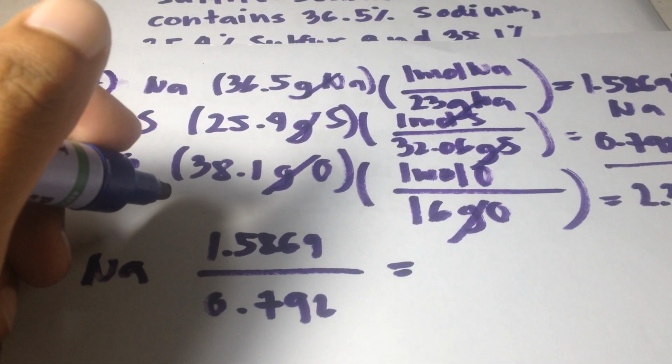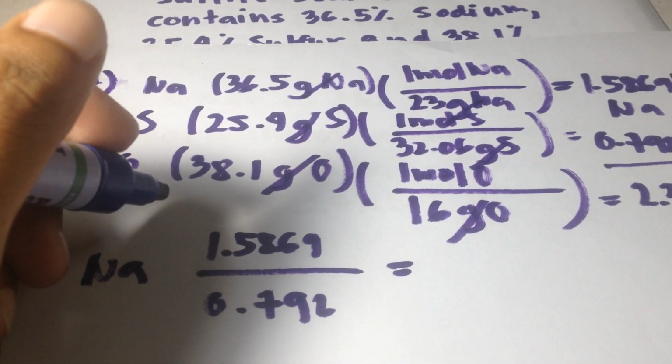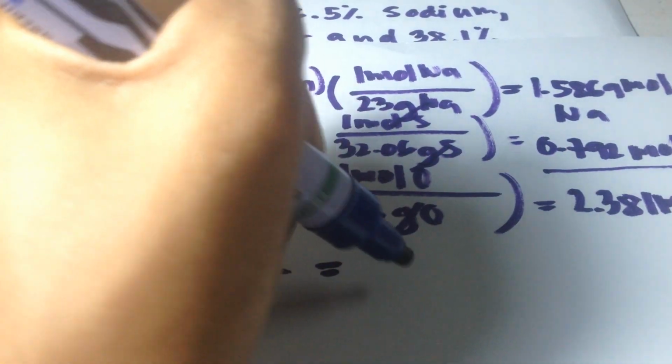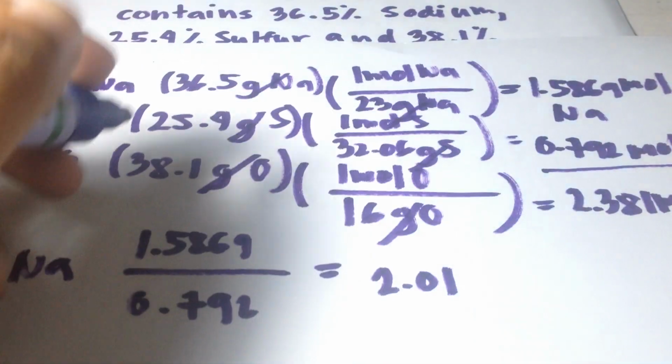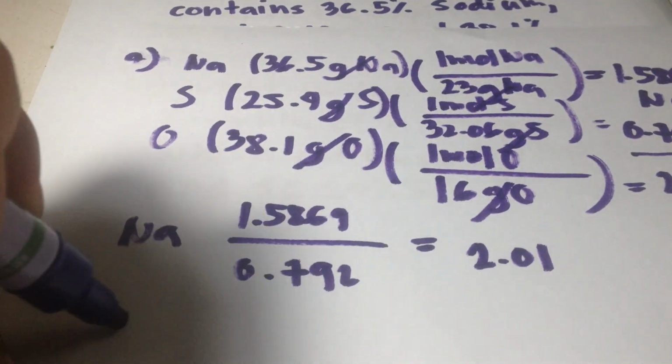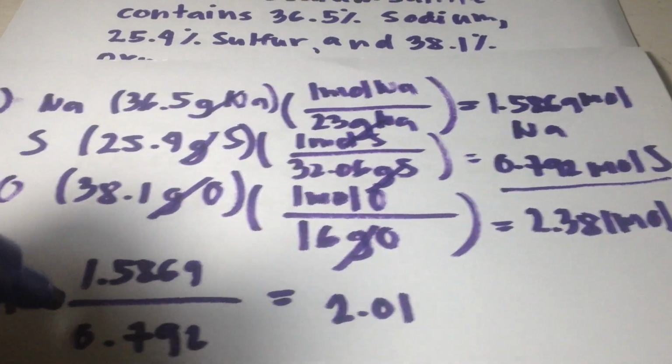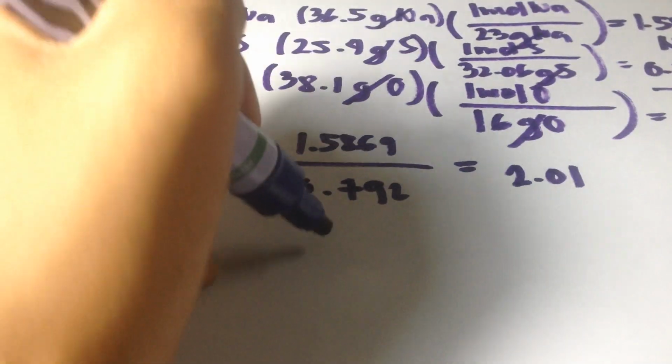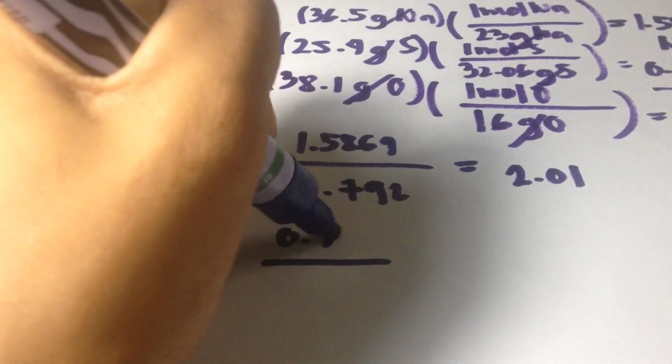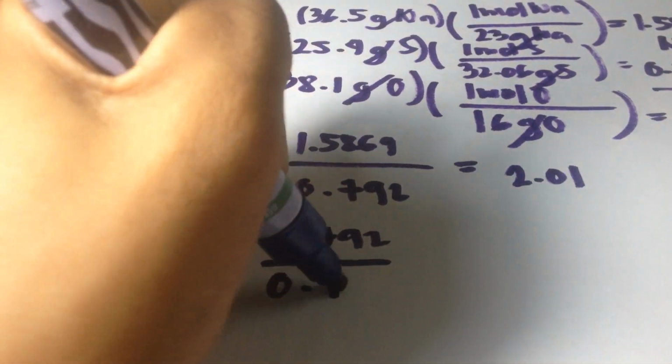So 1.589 divided by 0.792 is equal to 2.01. And how about in sulfur? Sulfur has 0.792. So 0.792 divided by 0.792 is 1.